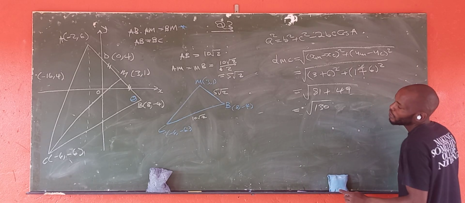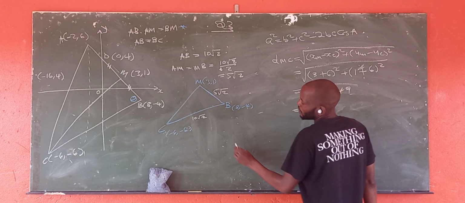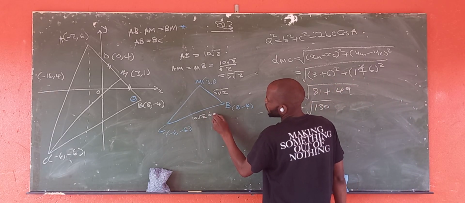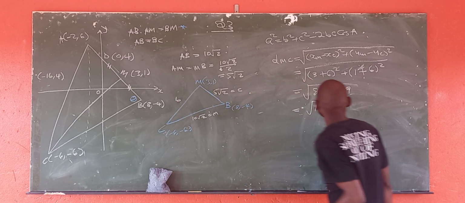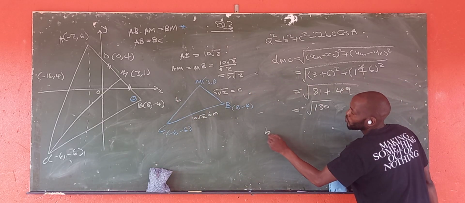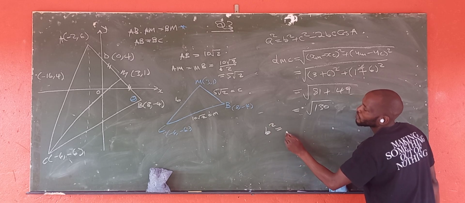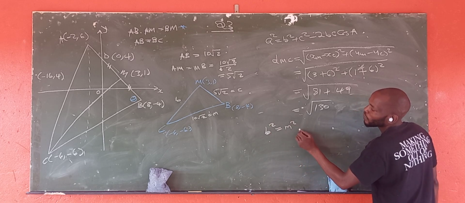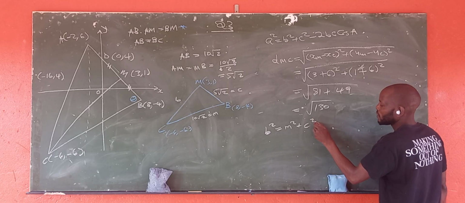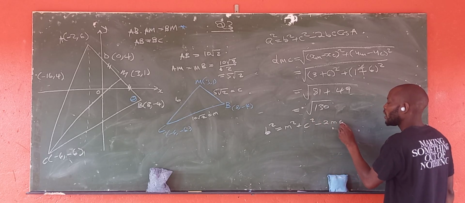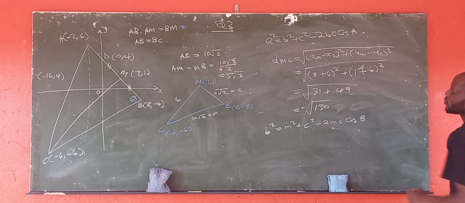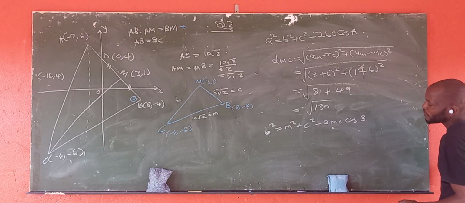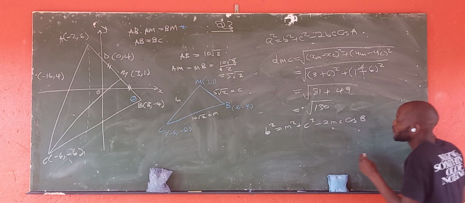So the cosine rule: this side is our small m, this side is our small c, this side is our small b. The cosine rule would say b squared equals m squared plus c squared minus 2mc cos of B. So now we are looking for angle B. Let's make cos of B the subject of the formula.